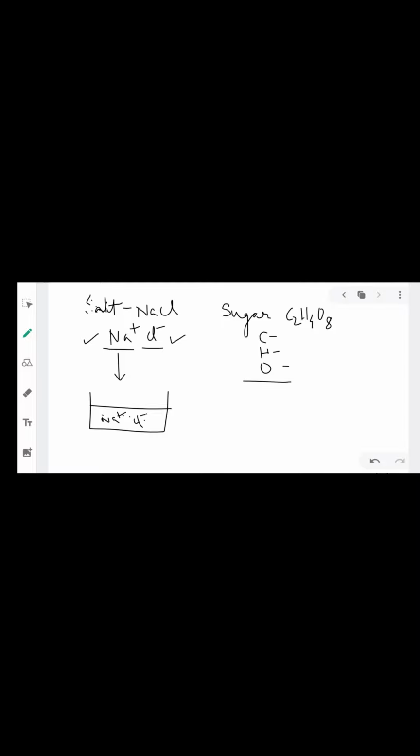But when you dissolve sugar in water, the sugar molecules break apart, but not the individual carbon, hydrogen and oxygen atoms, but the whole sugar molecule. The atoms in sugar stay together. So this is how ionic and covalent compounds dissolve. Now salts dissolve in water because there is an attraction between the ions in the ionic lattice and water molecules. So here basically ion-dipole interaction comes into play.